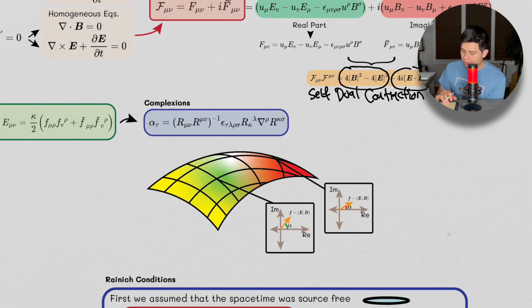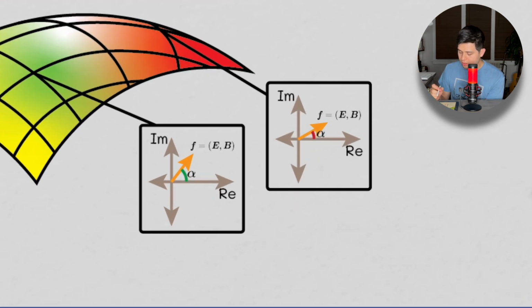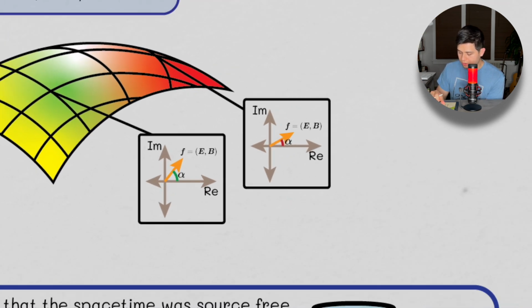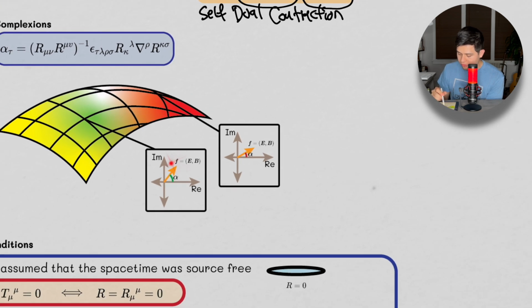And then we came to this notion of a complexion. Right? A complexion was, well, you take this F vector. Right? This is a little bit blurry. You take this F vector. This F vector is again a vector of vectors, but you still have this concept of rotation going on because it is a vector.